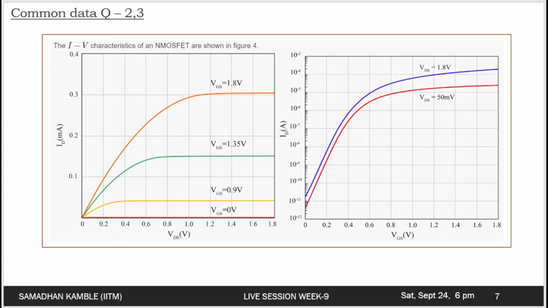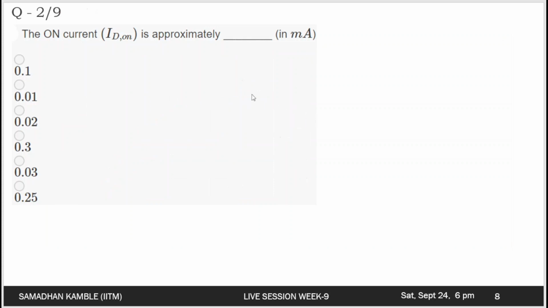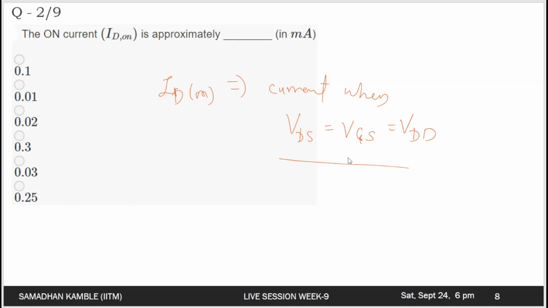So we know that the on current, ID on, corresponds to the current when VDS is equal to VGS, which is equal to the supply voltage, that is VDD. So ID on is when this particular condition is true. So let us go to the graph and see where this is true.